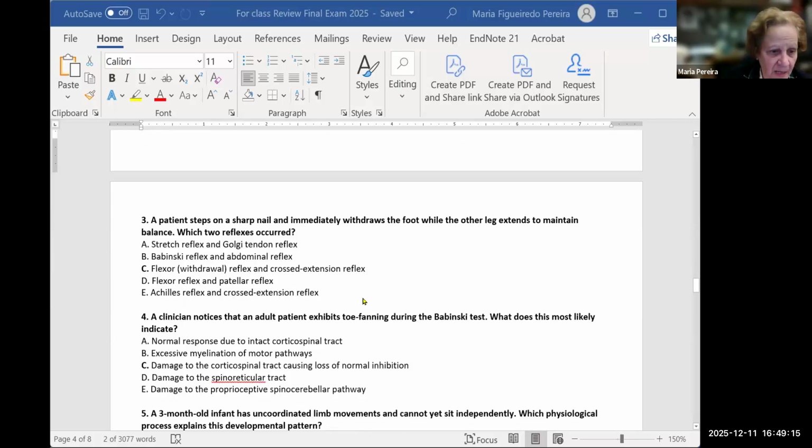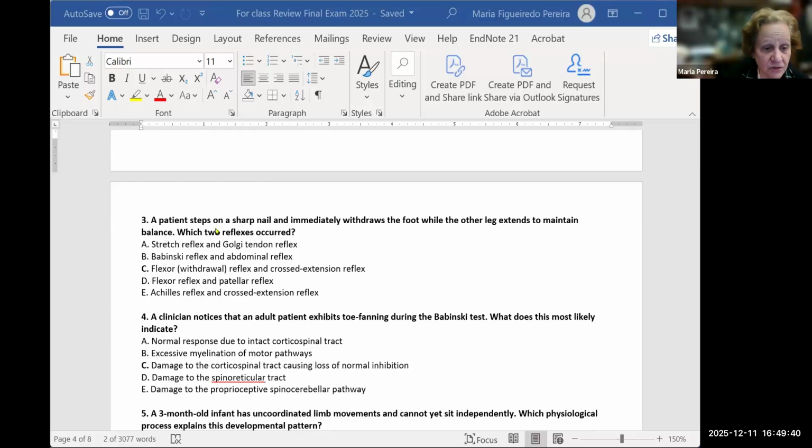Moving on. A patient steps on a sharp nail and immediately withdraws the foot while the other leg extends to maintain balance. So now you have control on both sides of the body, right? It's a reflex involving both sides, ipsilateral and contralateral.